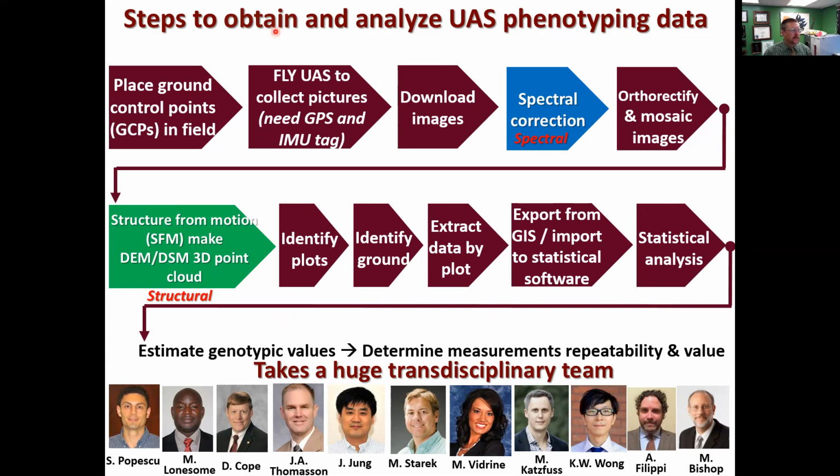So I'm going to go through these steps real briefly here, and then I'm going to show you some examples of how we go from the UAV data to the field. I hope to show you that plant height data so that you get a little excited about learning the details of this. The first step is we place ground control points in the field, and I'm going to show you what those look like in a minute. Then we fly a UAV or UAS to collect the pictures, and you need a GPS and an inertia measurement unit tag on those.